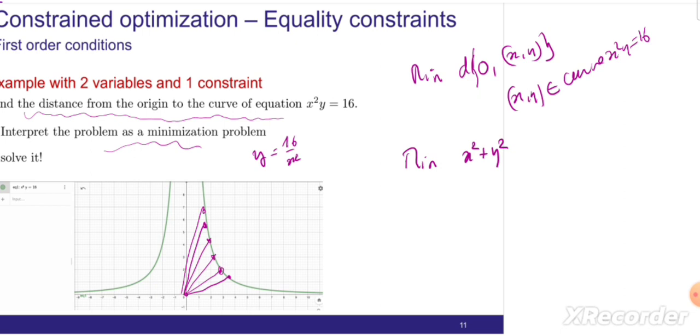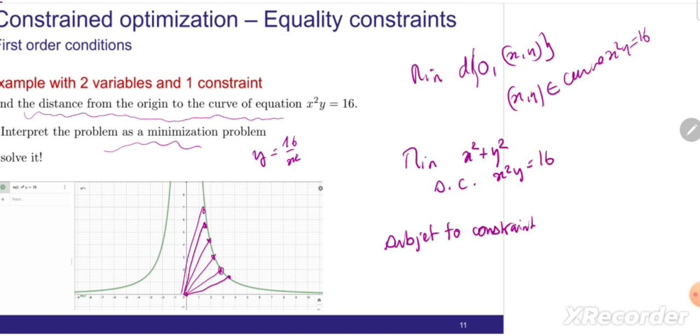So we want to minimize x squared plus y squared, subject to the constraint that x and y, sorry, belong to that green curve, x squared y is equal to 16.